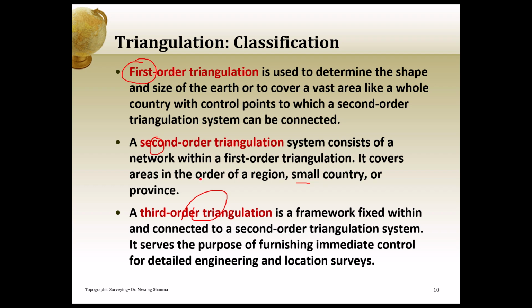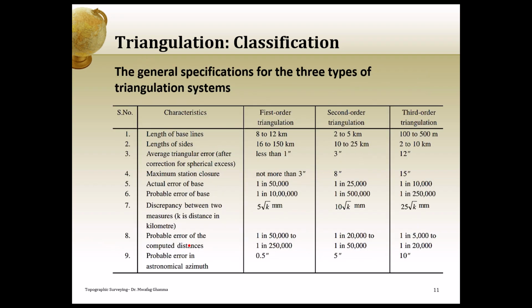Mostly, a surveyor will be working on third order triangulation, unless he wants to do second order densification from first order, or third order densification from second order. But for any detailed engineering, we will be using the third order points, and we do detailed engineering and location surveys.